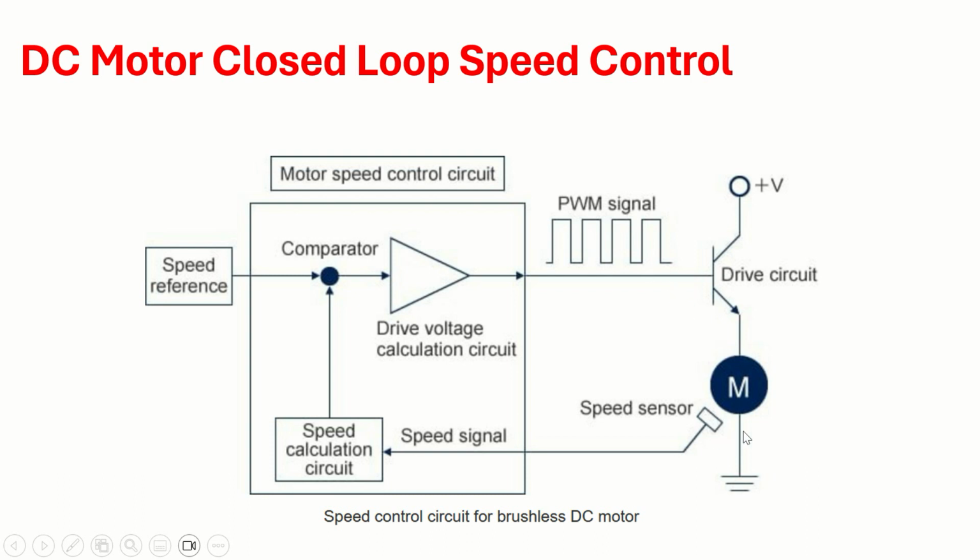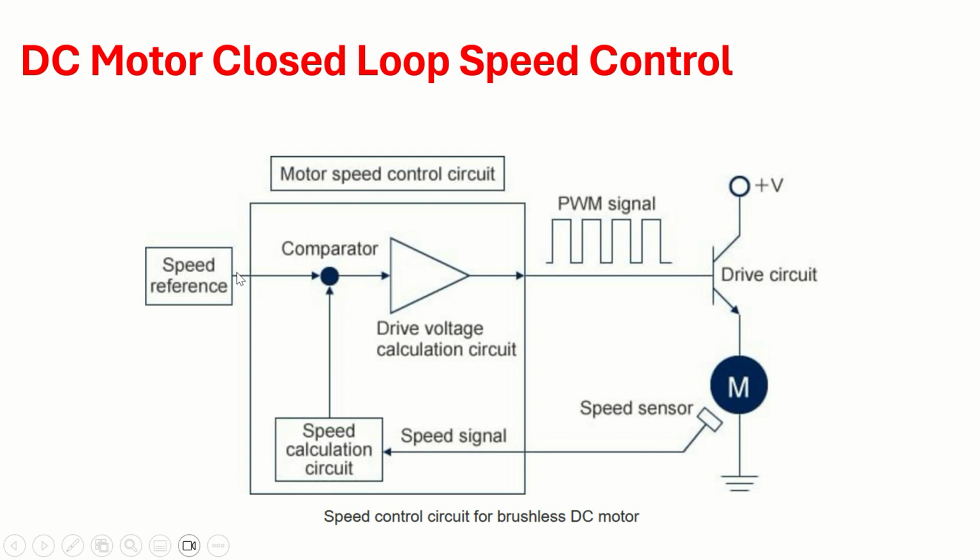However, with the help of a speed sensor, like a tachometer or optocoupler, you take the feedback, which is called the measured speed, and compare it with the desired speed.